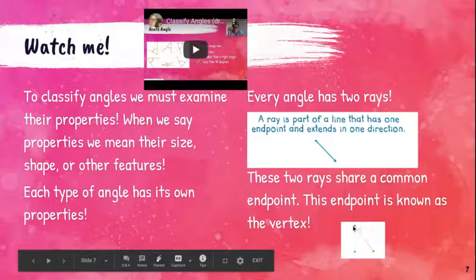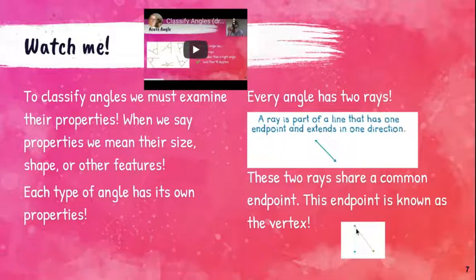So, yesterday we learned a vocabulary word called a vertex. And that is when we have this point right here, and you see this line going down, and this line going down right here. Well, they touch and they share this point. And when they touch that point right here, that's called a vertex.